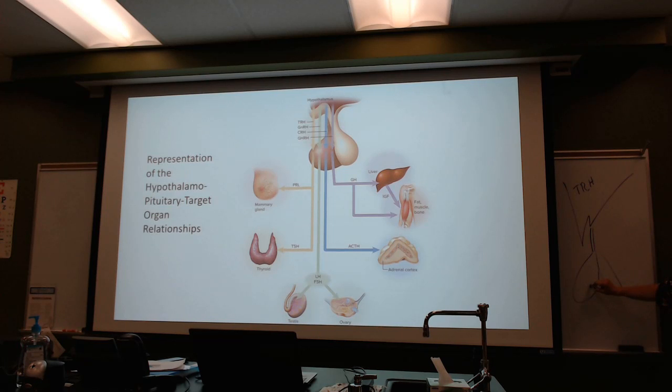The portal system, okay? The blood. That special capillary network going from the primary to the secondary. And then there would be cells located in my anterior pituitary.